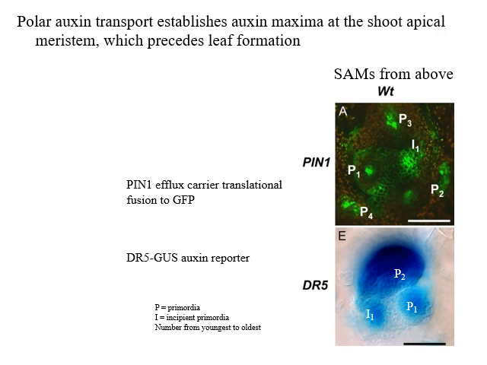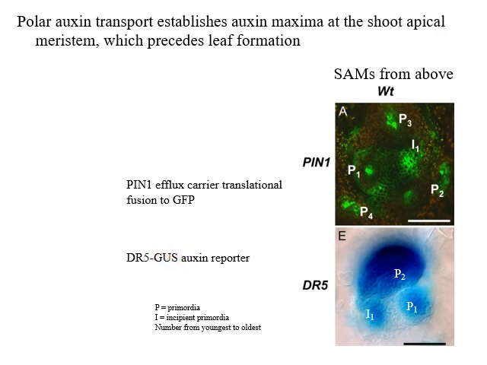These are some slides from an old paper of ours that show the expression of PIN1, if you remember that one. PIN1 is an auxin efflux carrier, so it moves auxin out of cells. And DR5 is a reporter, a promoter that is activated by auxin and leads to expression of the GUS gene.